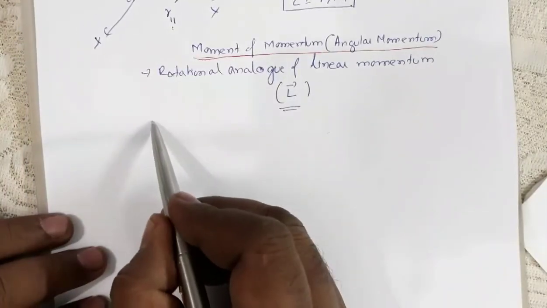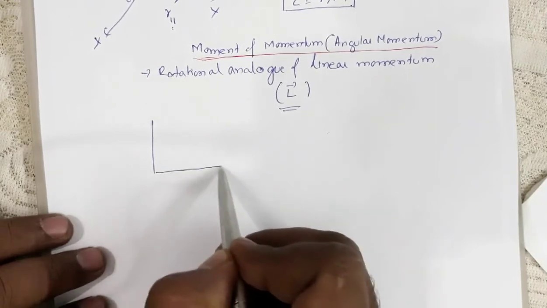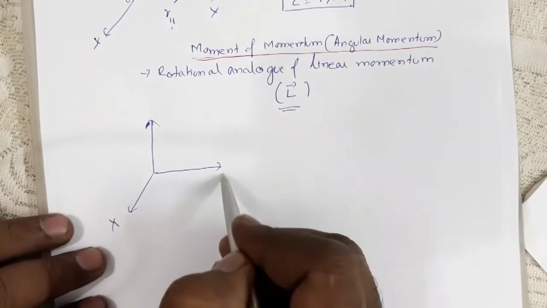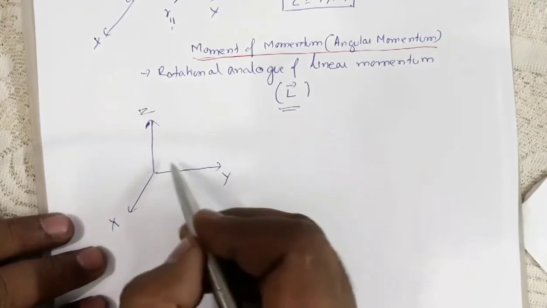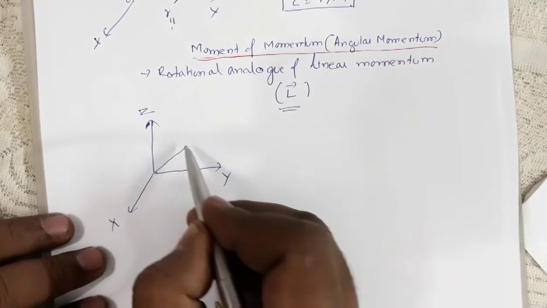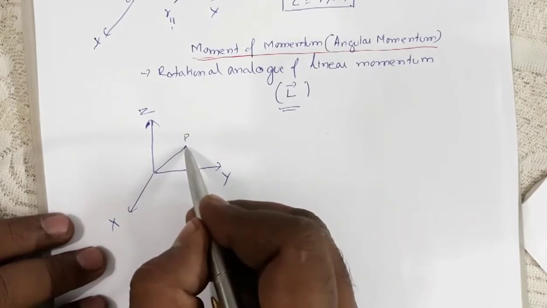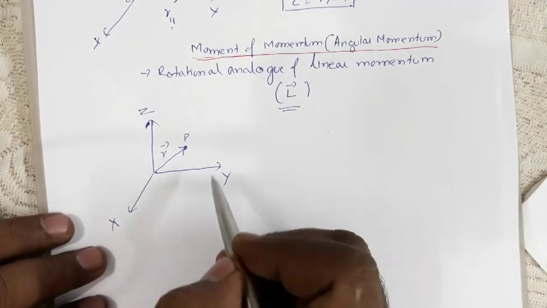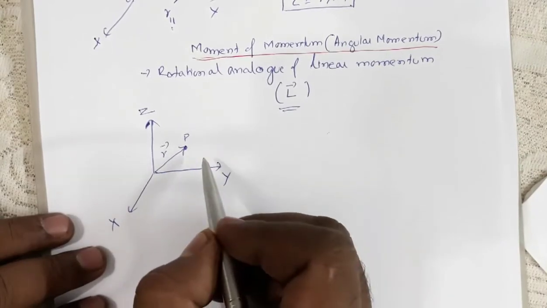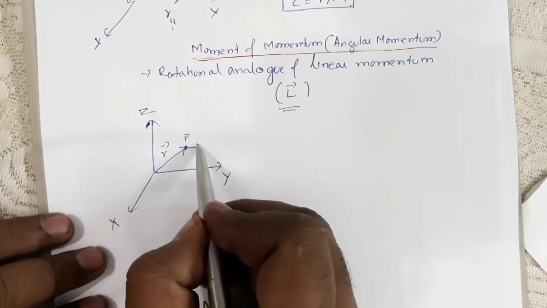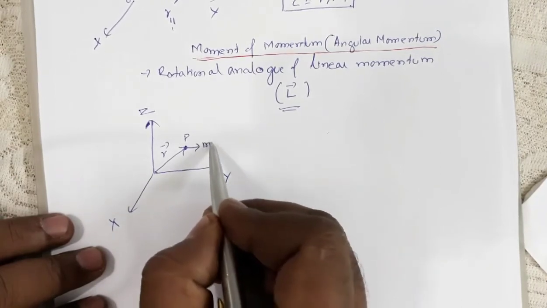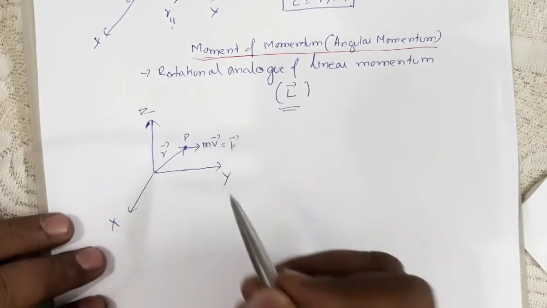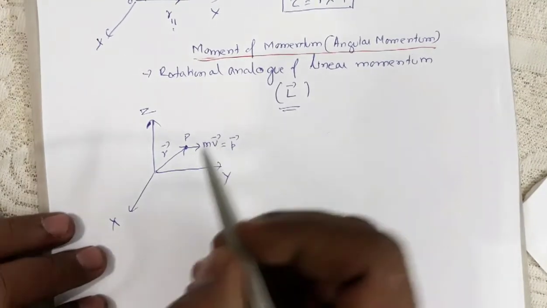Now, similar to the concept of torque, suppose this is the x-axis, this is the y-axis, and this is the z-axis, and this is point P, where the particle is located, defined by vector r. Suppose the mass of this particle is m and it is moving in this direction with velocity v, such that its linear momentum is mv, equal to p.